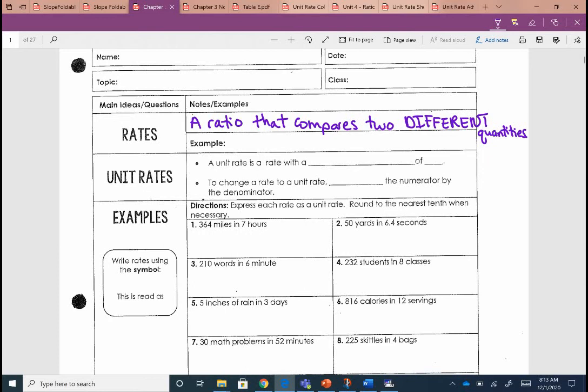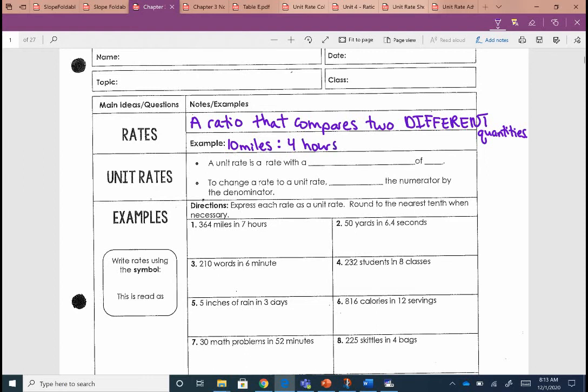So for example, we might have something like 10 miles compared to 4 hours. Our rate is the ratio that compares two different quantities, so like miles and hours.